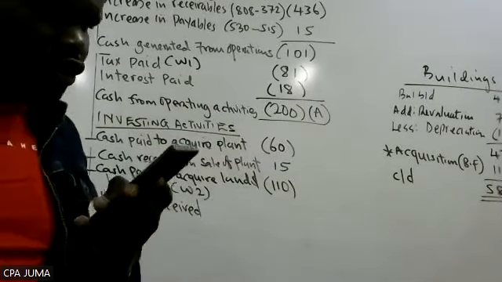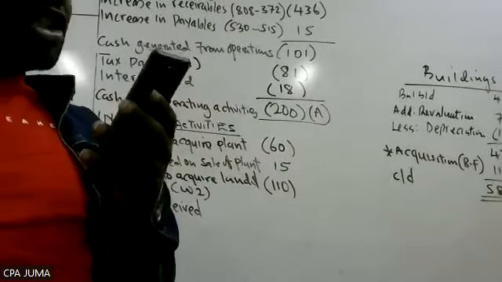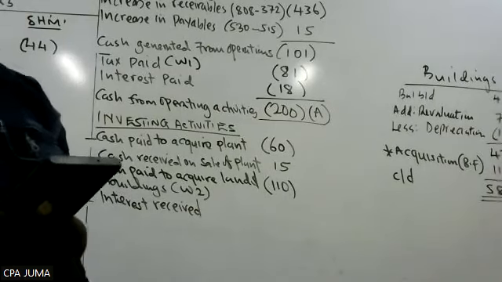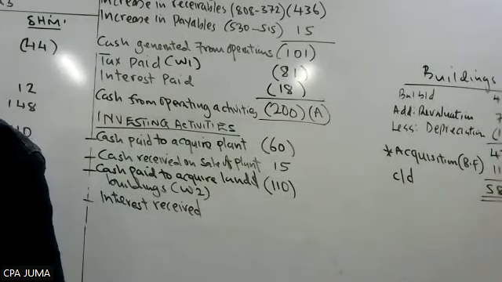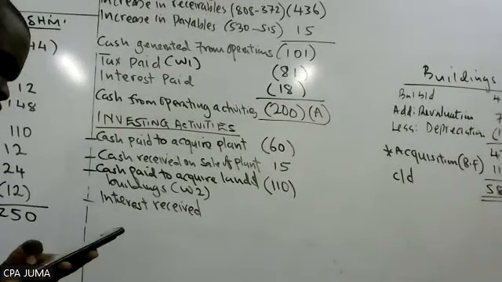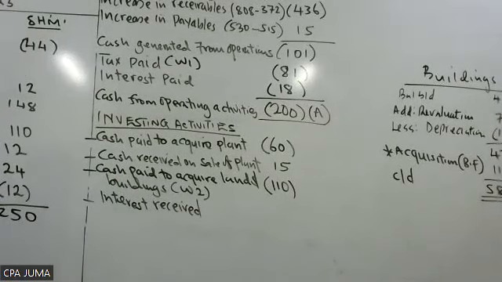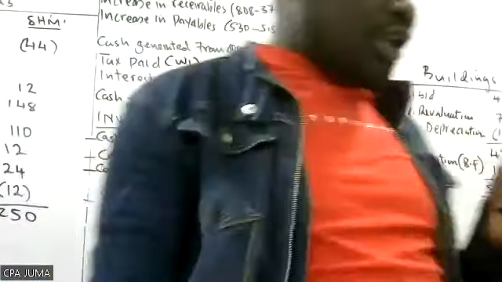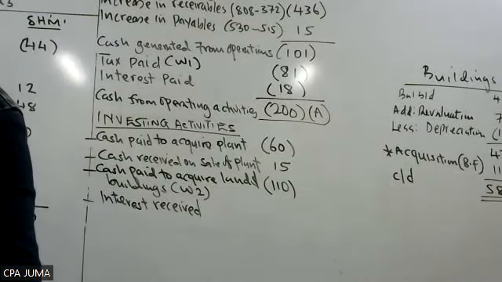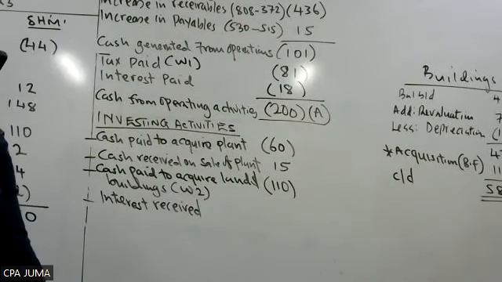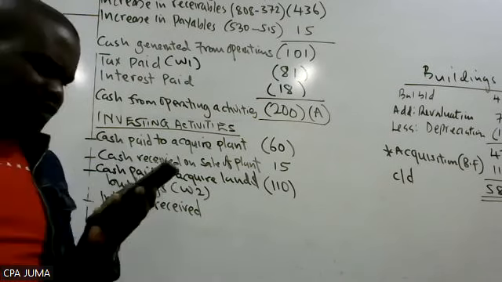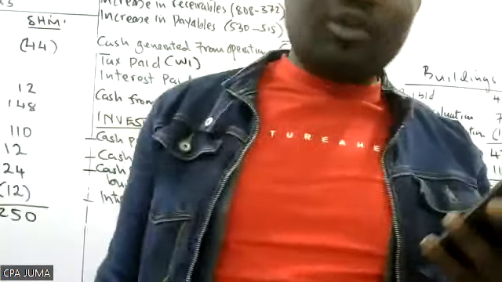There's something we can do. Check current assets. How much was interest receivable at the beginning of the year? Receivable at the beginning, we can see 3. During the year, check P&L for interest receivable: 12.